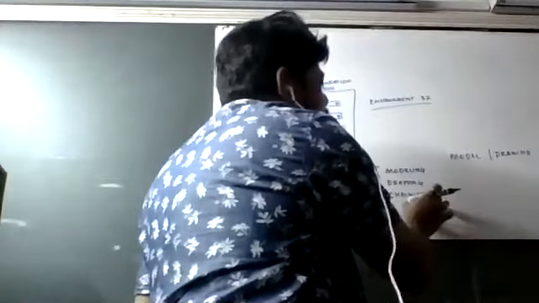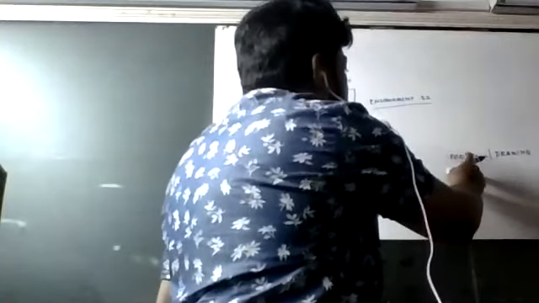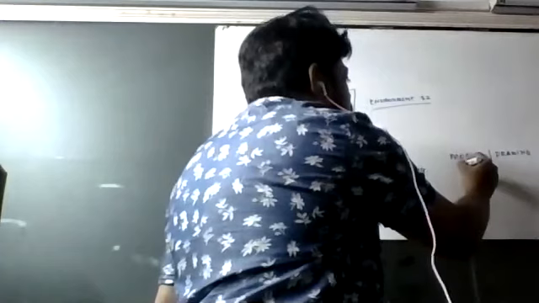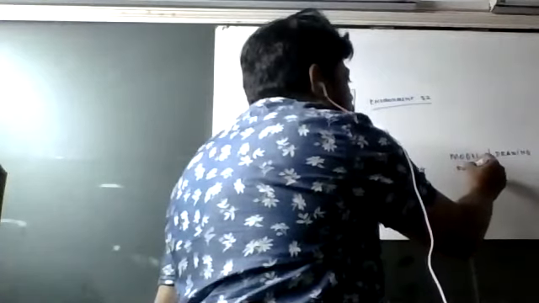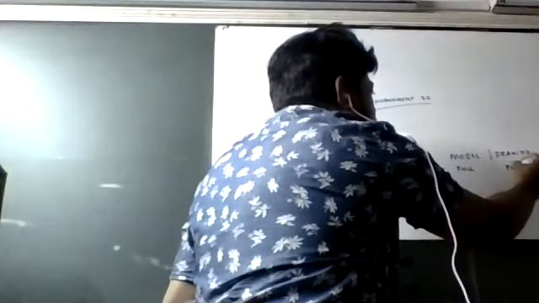These are the two areas where these three teams will be working. For a modeling team, they need full access in the model, and in drawing also they need full access.